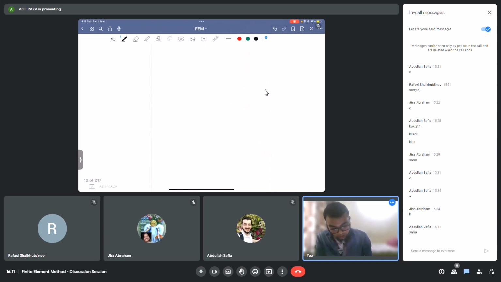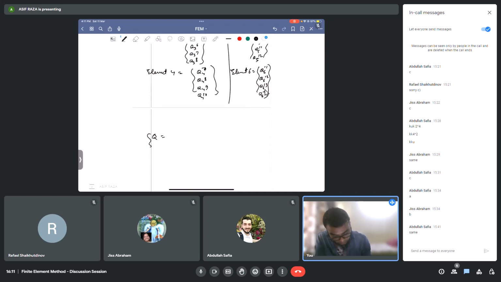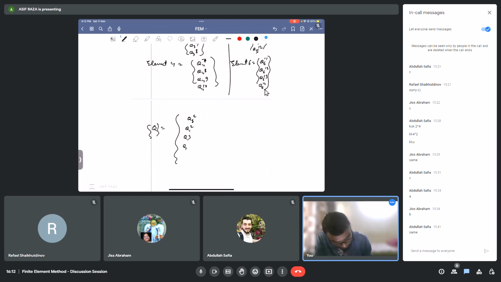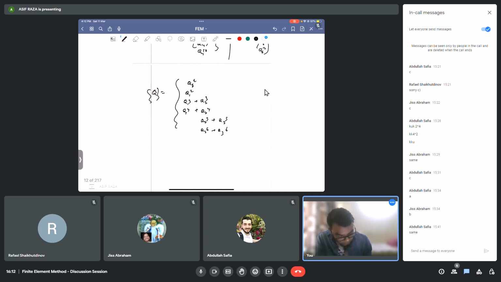Okay, so when we assemble it, our q will have q11, q12, q13, q14, then plus q23, q24, q25, q26, then q35, q36, q37, q38, here q47, q48, q49, q410, q59, q510.